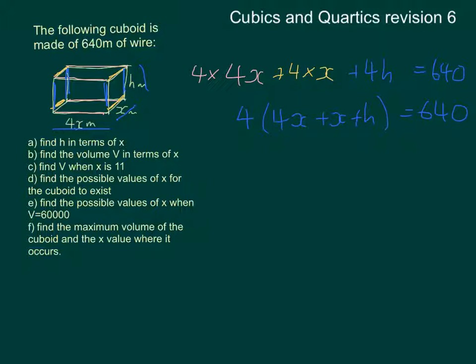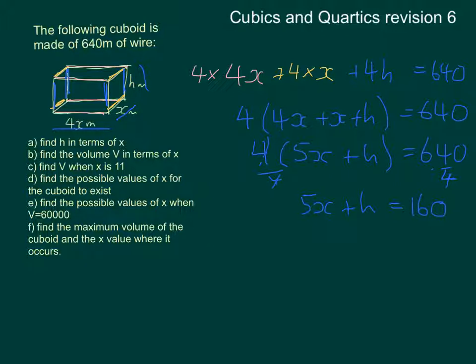Simplify that down, we have 4 multiplied by 5x plus h is equal to 640. Then if we divide both sides by the 4 at the front, that will cancel that down and leaves us with 5x plus h is equal to 160.